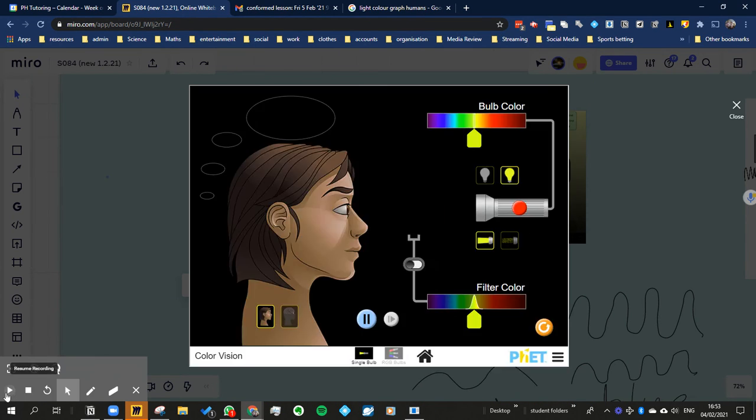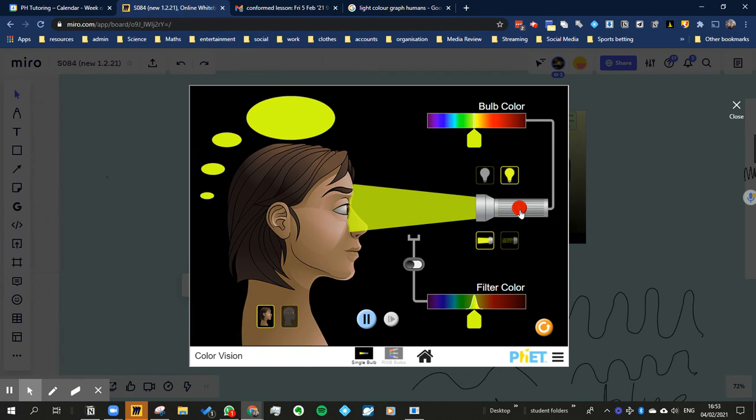Just pause. So let's have a look at a regular light then. So we're shining yellow light. As far as the animation is concerned, this is yellow light. And if I shine green light, or red light, this is red as far as he's or she's concerned, and it is actually red light, okay? Same as all that.